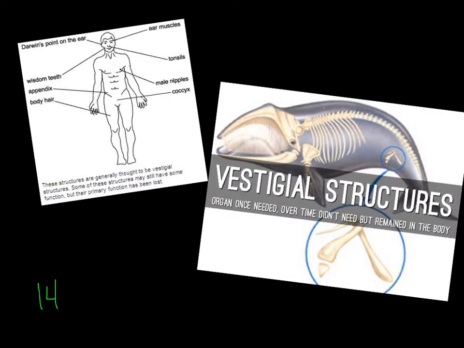The second type of evidence we have for evolution are called vestigial structures. If you remember, we came up with a little way to remember this, which was take off that old vest. Why is that something good to remember this? Well, remember, these are old structures we no longer need, so that's the old part.